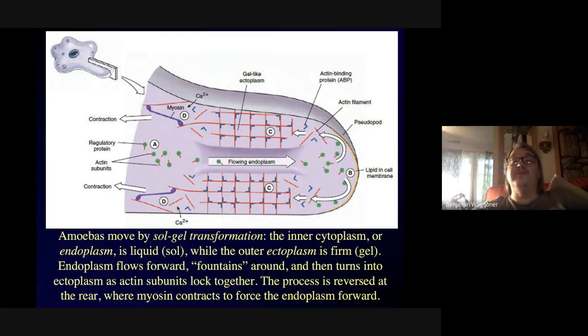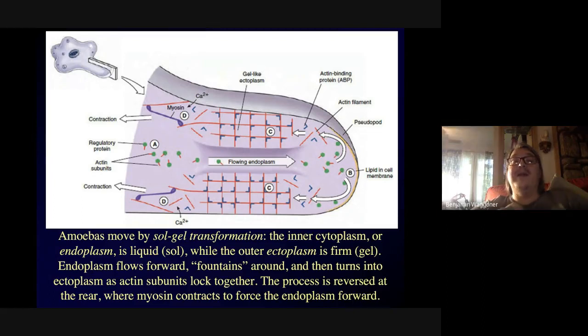That process reverses at the rear, where actin joins with another protein called myosin, which is also one of the proteins found in your muscle. And the actin and myosin together contract, and that creates force that squeezes the liquid cytoplasm, the sol, forward.